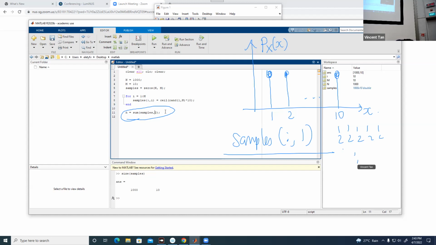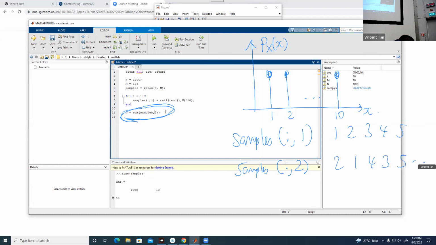Here I'm summing over various sample vectors. Now these are not exactly ordered in this particular way. Let me just erase this for a moment. Maybe in samples vector 1, we have 1, 2, 3, 4, 5. Here maybe some other way, 2, 1, 4, 3, 5, and so on and so forth, all the way to 10 maybe. So I'm now summing like this, in this way here.